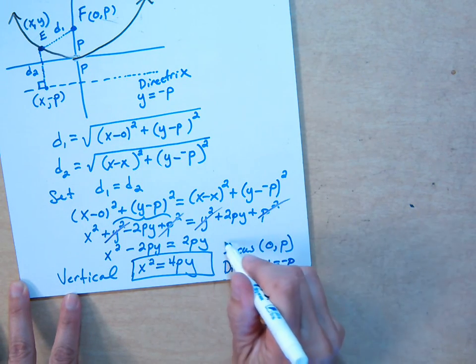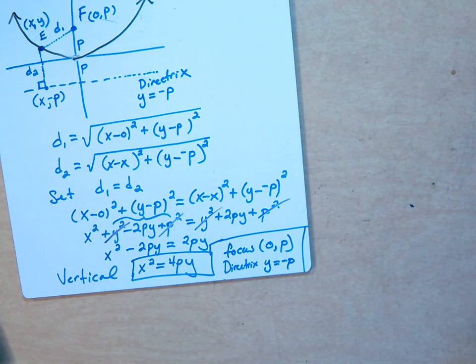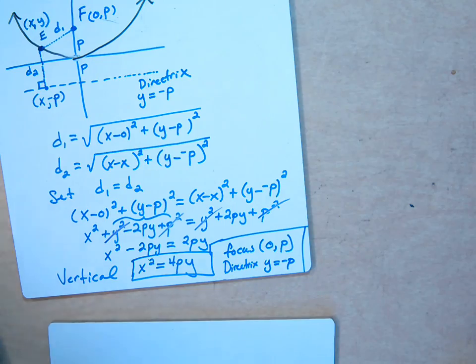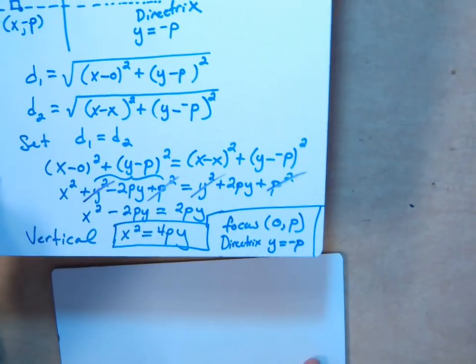So these are the formulas for when it's vertical, and now the formulas for when it opens, this is new, right or left. So that's for vertical.